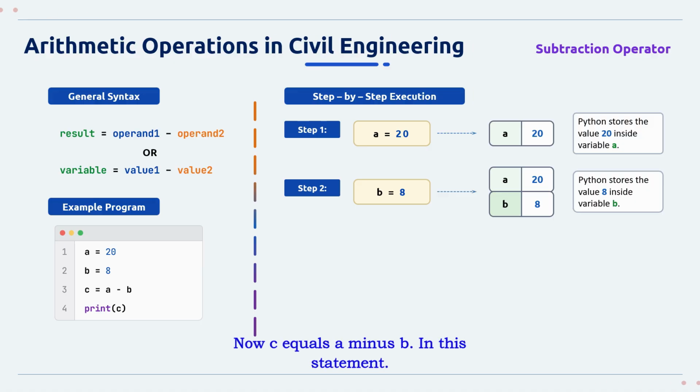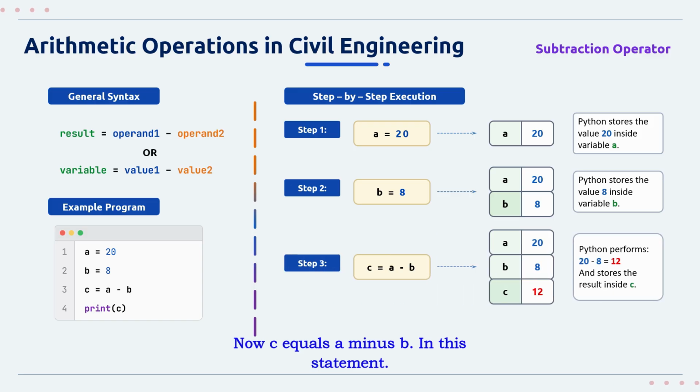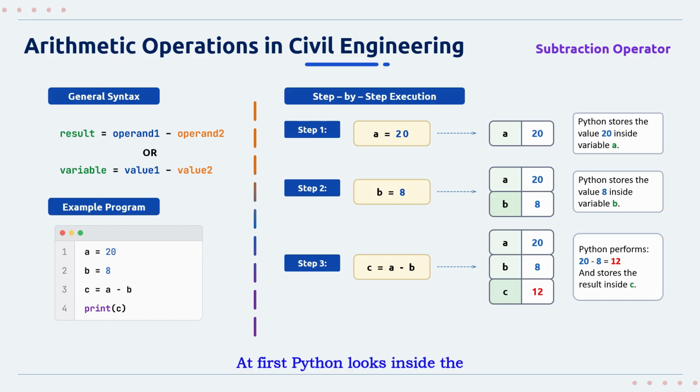Now c = a - b. In this statement, at first Python looks inside the variable a and it finds the value 20. In the next step, Python looks inside the variable b and finds the value 8.